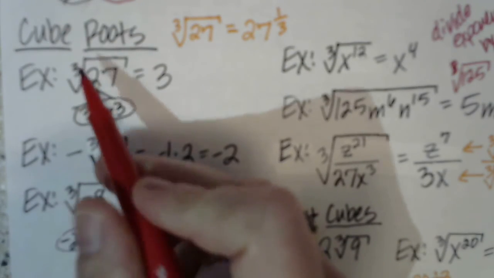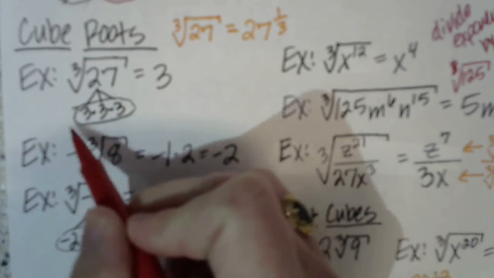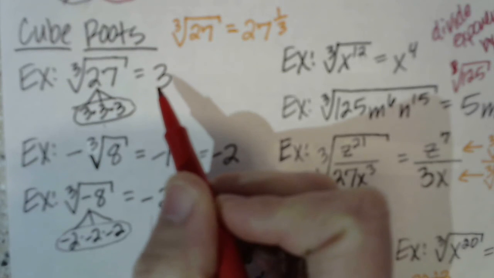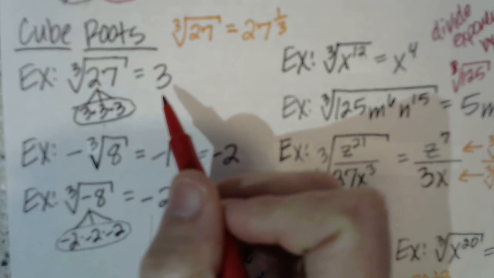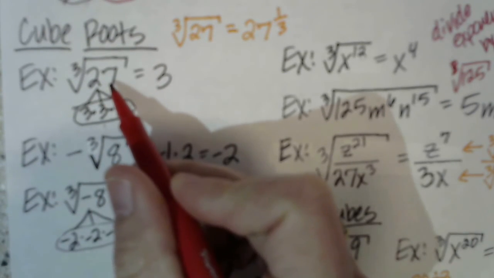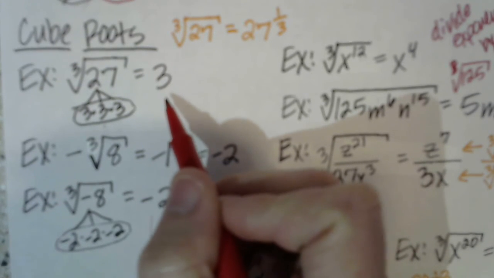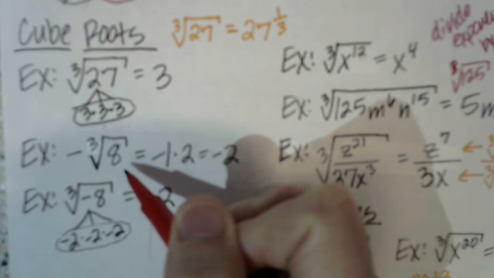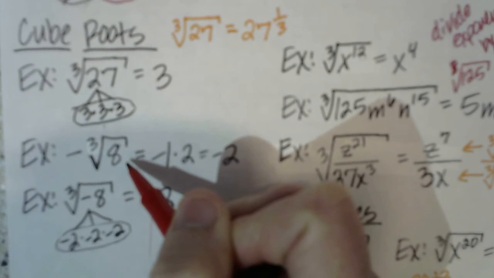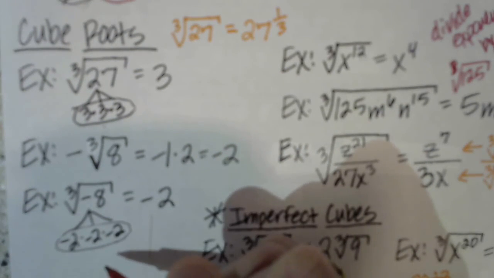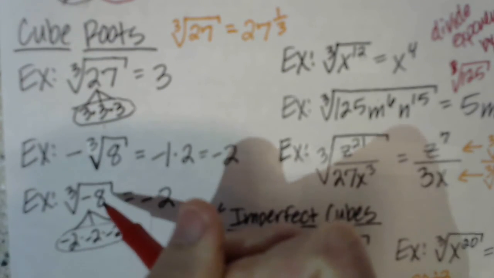And with a cube root, you need a group of 3 in order to be perfect. 27 is a perfect cube number, so there's no radical left in my answer. 8 is also a perfect cube, 2 times 2 times 2. You can take the cube root of a negative.